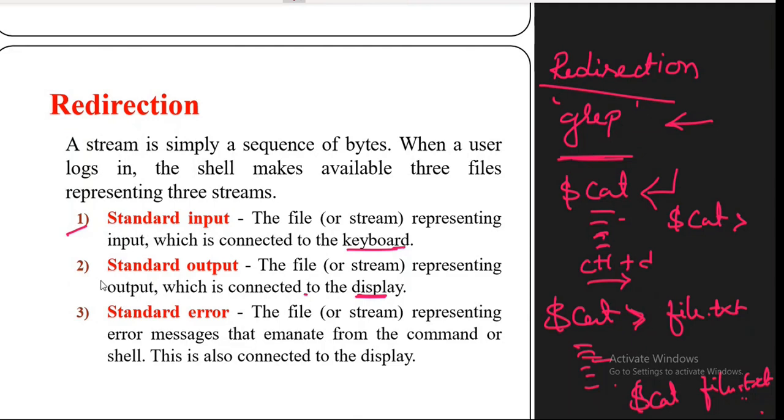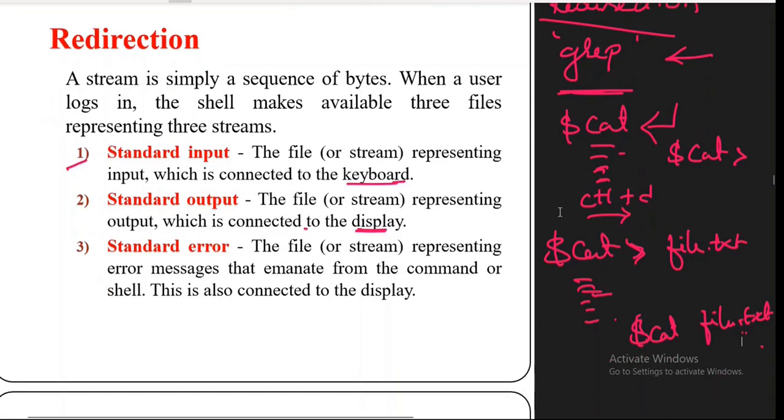Next, we have another type of stream called standard error. The file representing error messages that emanate from a command or shell. So what happens here? When you run a command, if the specified file does not exist, or if you have not given the proper option, it will raise an error. Immediately we will be able to see in the command prompt what the error is.